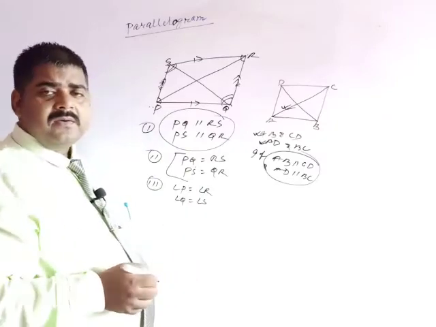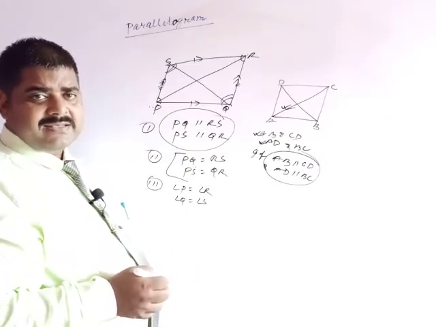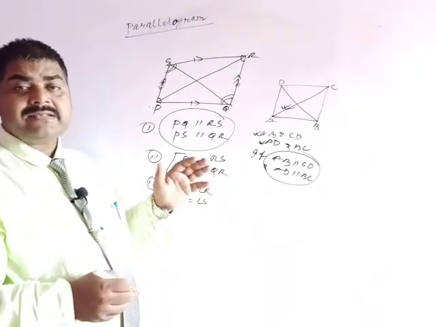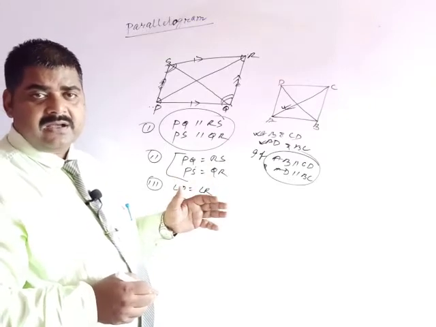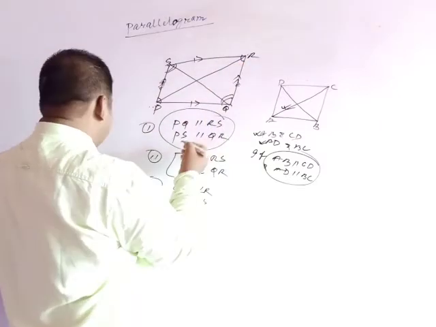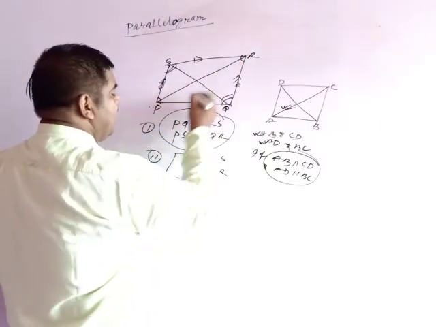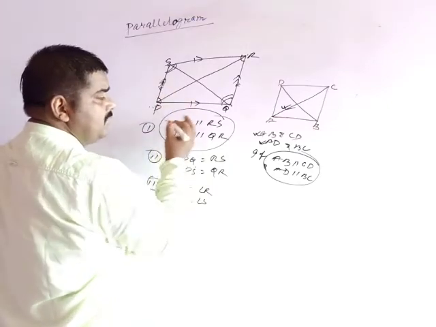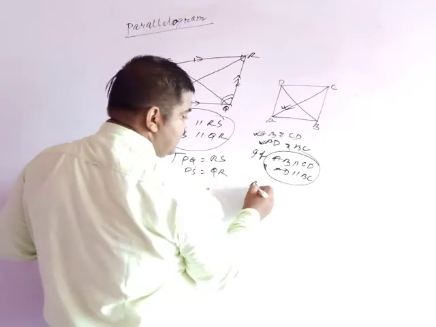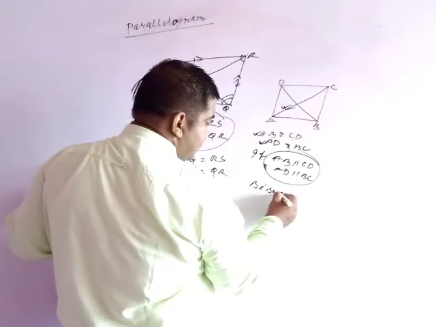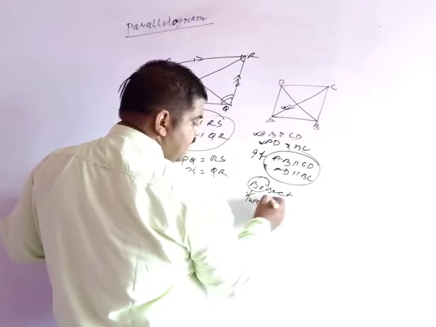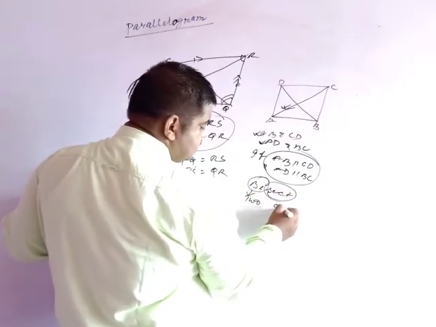The fourth characteristic is related to diagonals. Diagonals bisect the angles. When you draw the diagonal PR, this angle is bisected into two equal parts. Bi means two, and sect means cut.